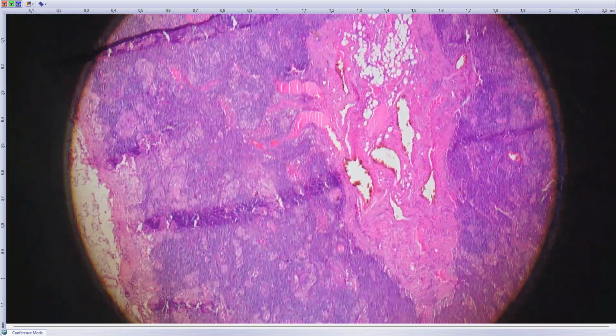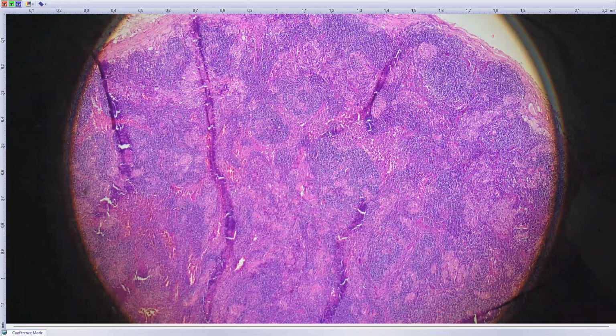I've got also a lymph node biopsy from this patient. It's from, I believe, axilla. So you can see this lymph node.